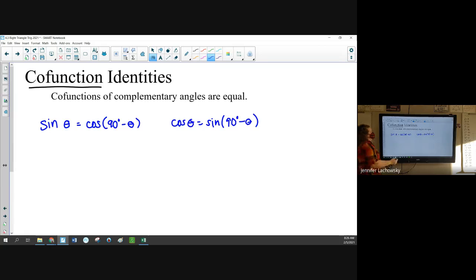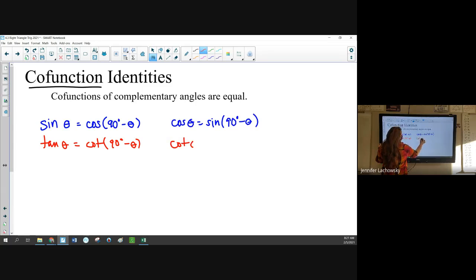What's the next one that you want to write down? Okay, so tan theta is equal to cotangent of 90 minus theta, and that means cotangent of theta is equal to tangent of 90 minus theta. Now I'm using 90 degrees, but 90 degrees is equivalent to what?